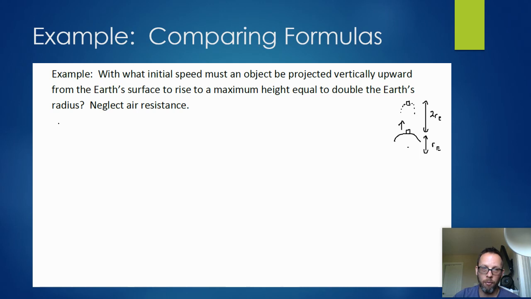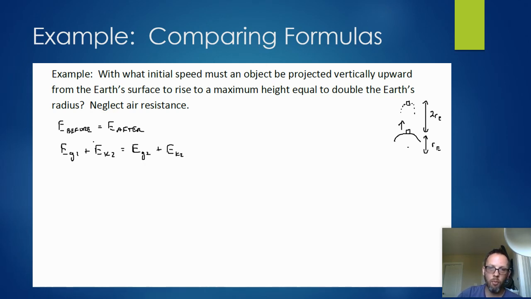So when we set this one up, E before equals E after. So I'll say EG1 plus EK1, no springs in this question, equals EG2 plus EK2.